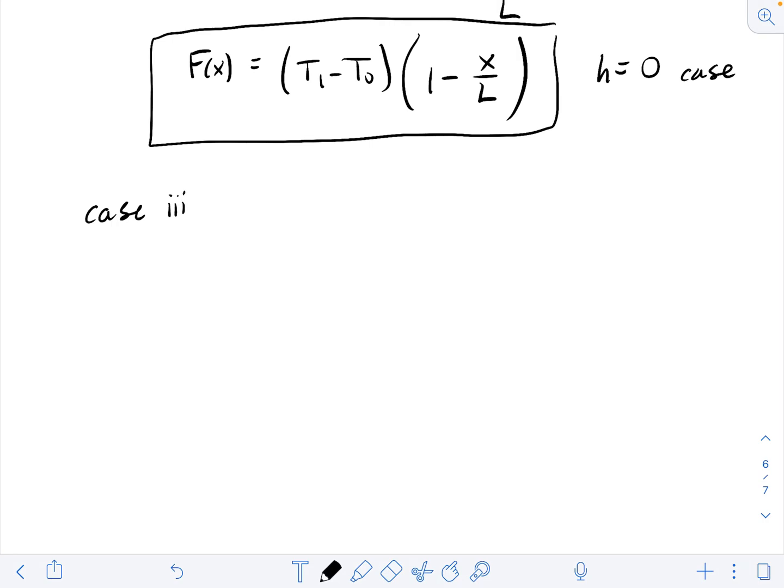There's only one more to do for the first differential equation, and that is that h is a negative constant. So I'm going to set it equal to minus p squared. Again, p squared is going to be positive, so that minus p squared is negative.